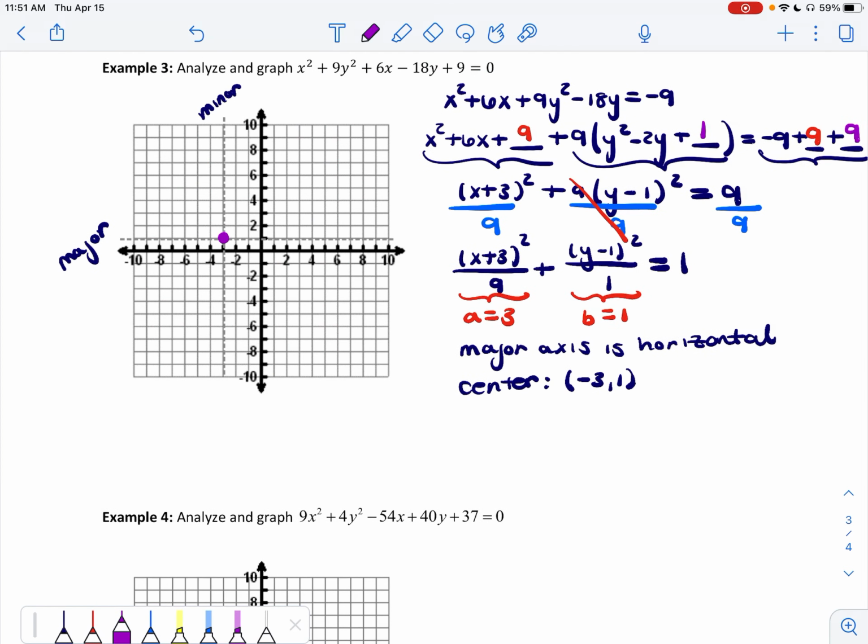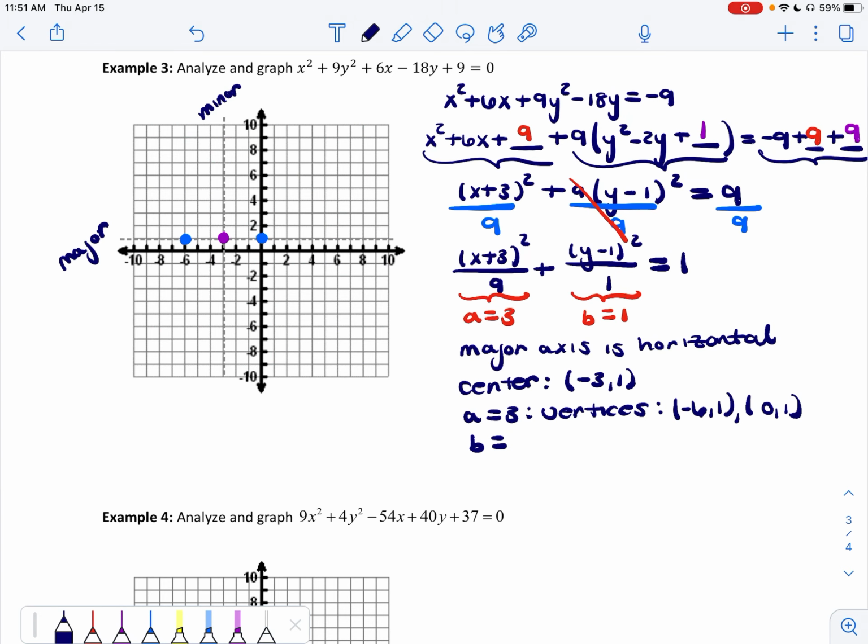Okay, next from our a value, we can find the vertices. Those are going to be to the left and right of the center because our major axis is horizontal. So 3 units left and 3 units right is going to give us our vertices at (-6, 1) and (0, 1).